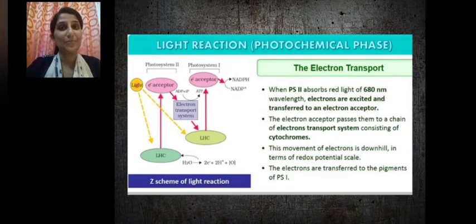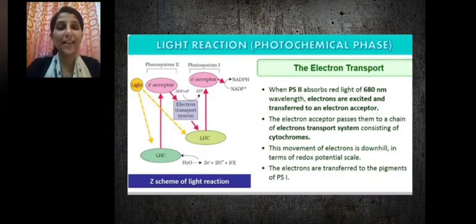Photosystem 2 has the reaction center P680, and photosystem 1 has the reaction center P700. When photosystem 2 absorbs the red light, which has the wavelength 680 nanometers, we know it has a light harvesting complex and the reaction center. All the other accessory molecules, that is the light harvesting complex, absorb the light and transfer it to the reaction center.